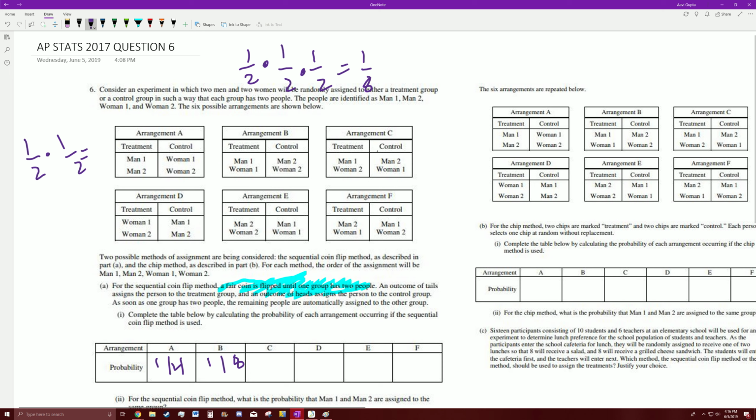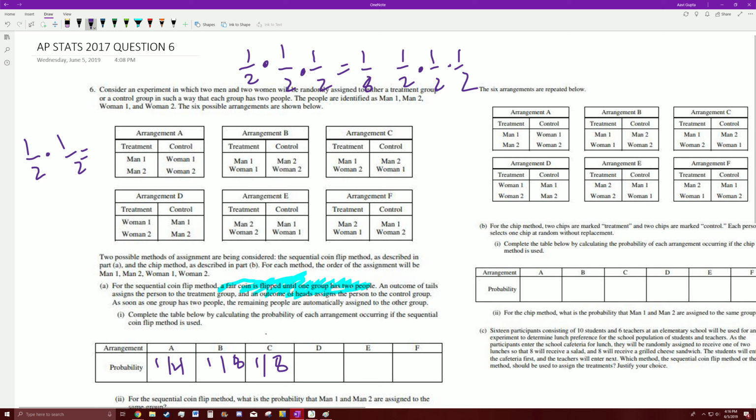Now C, man 1 goes up, flips a coin, he lands tails. So again, 1/2 probability. Then man 2 is the same situation as B, except woman 1 just gets assigned control rather than treatment. So that's going to be 1/2 times a half times a half, which again is 1/8.